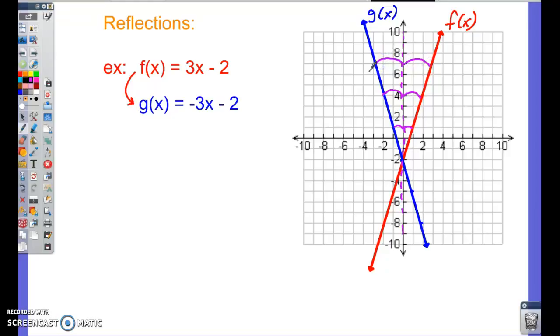So what we've created is actually the mirror image. Now, although this is a rotation, to be a little bit more accurate, we would actually call it a reflection about or over the y-axis. So that's how we would describe a reflection.